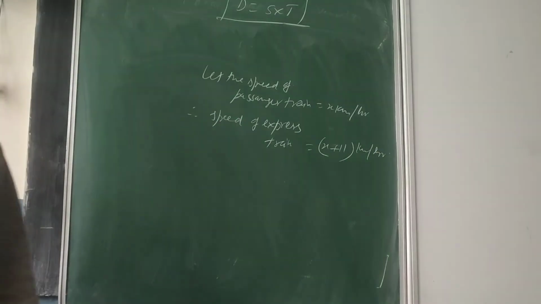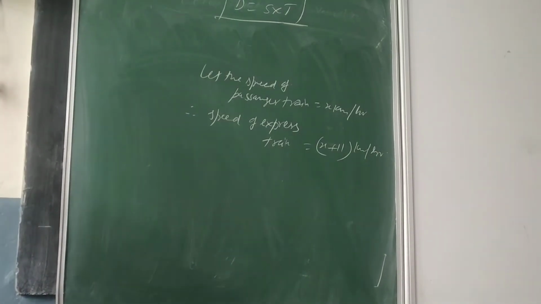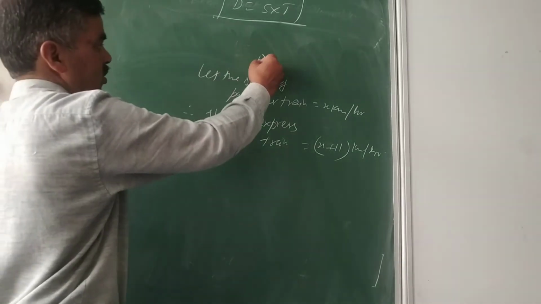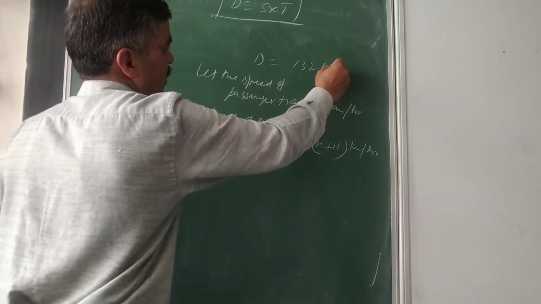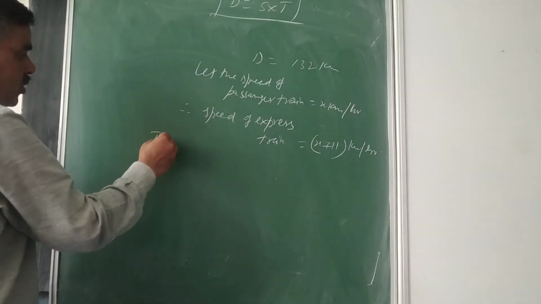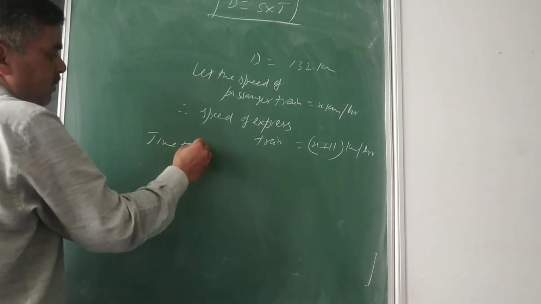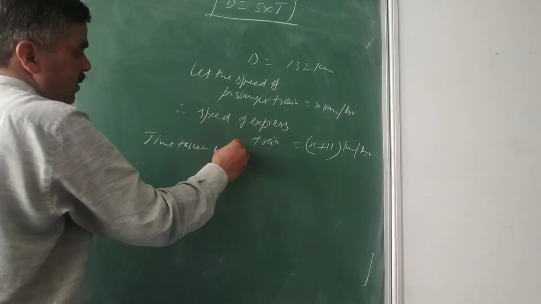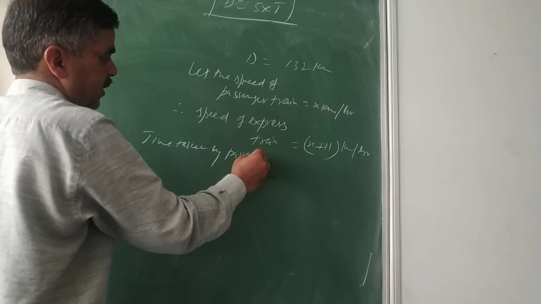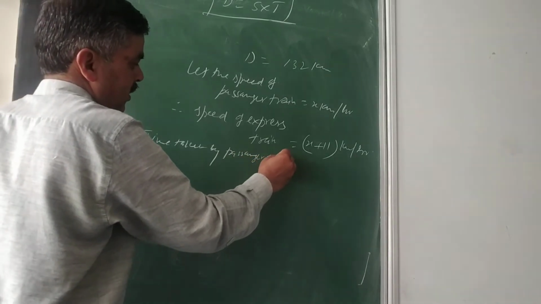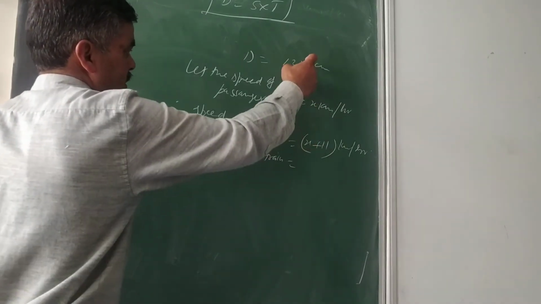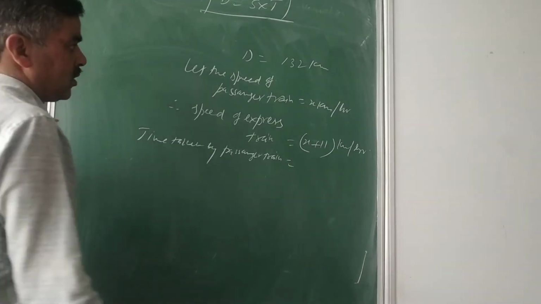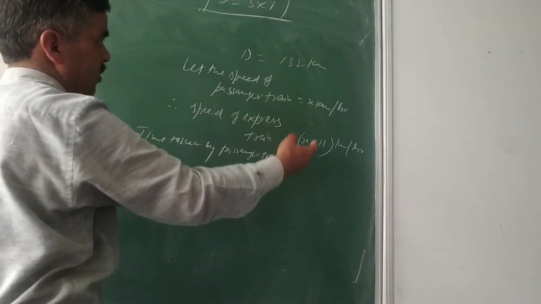Now the time difference is there between the two. For a distance, here again you have to write, is equal to 132 km. So time taken by the passenger train is equal to distance upon speed.